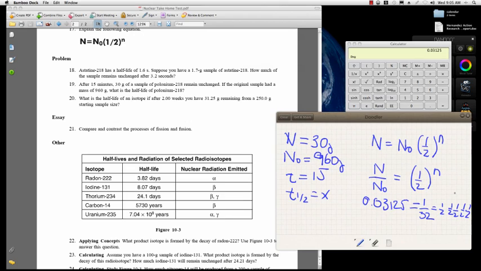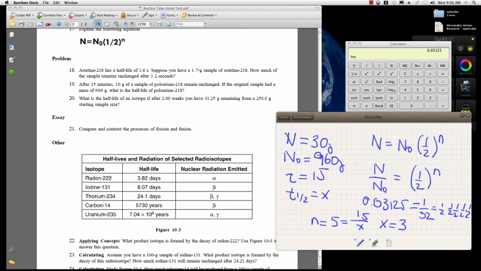We have 1/2 five times, so we have n is equal to 5 half-lives, which is equal to 15 divided by X. If you solve this equation for X, X is equal to 3. In this case, we measure things in minutes, 3 minutes.